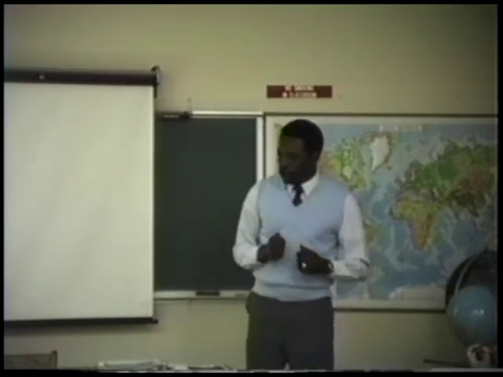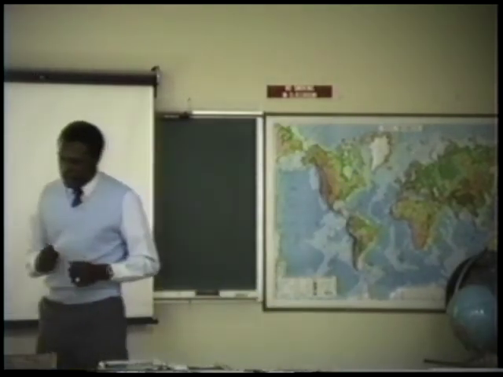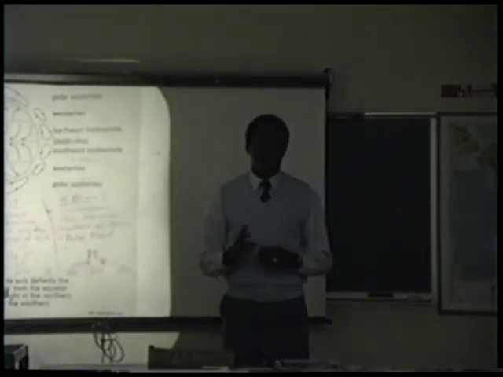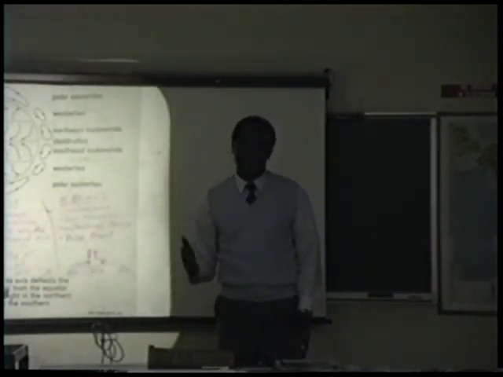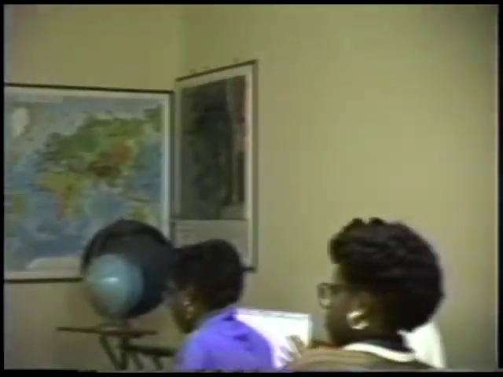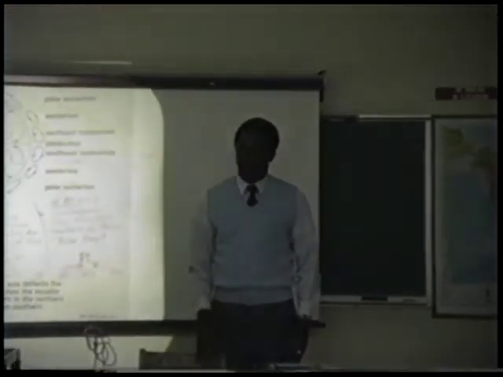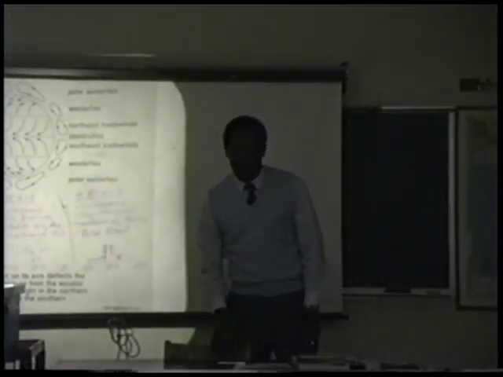Okay, if you don't have any questions, the next time we will continue with a discussion of the result of atmospheric convergence and instability. We're going to talk a lot more about the releasing of moisture in the atmosphere and precipitation.